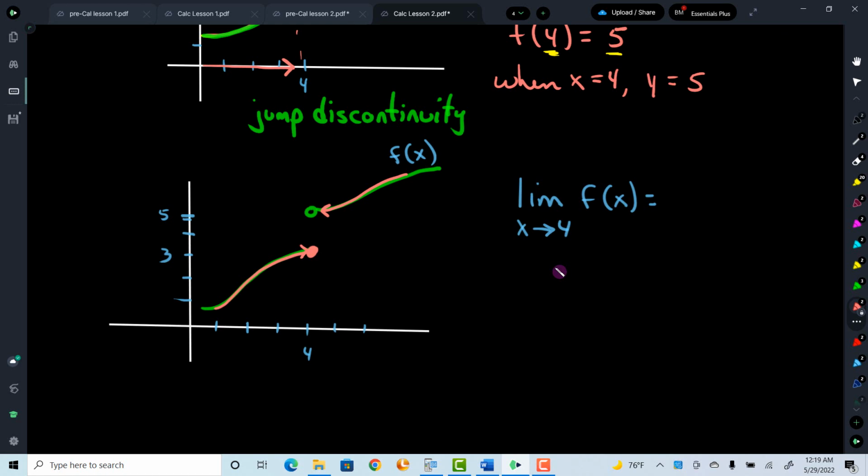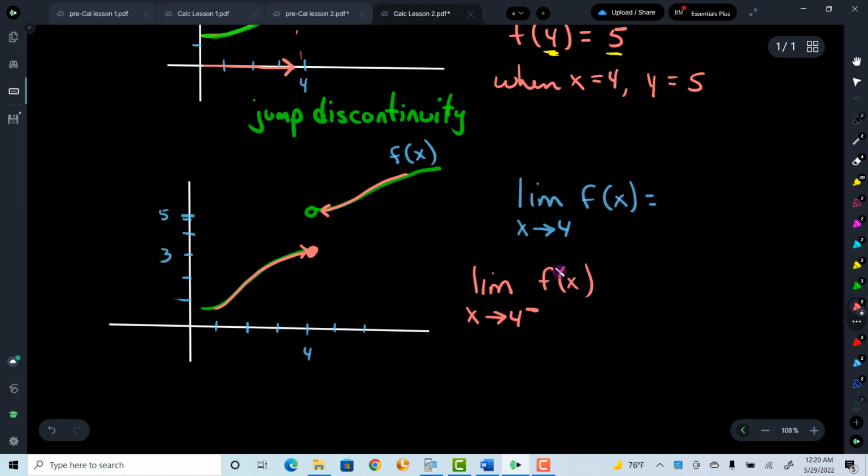This is what we call a discontinuity also, okay? This is when we have to look at what we call the left-hand limit and the right-hand limit. So if I look at the limit as x approaches 4 coming from the left, we put a little minus sign up top there, right?